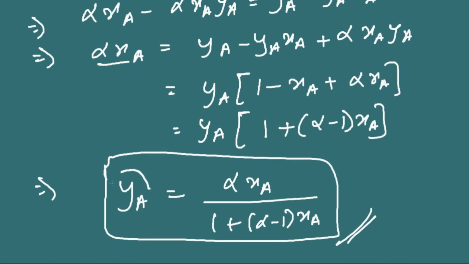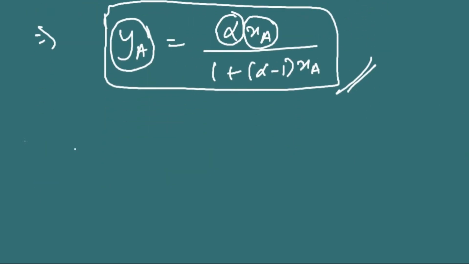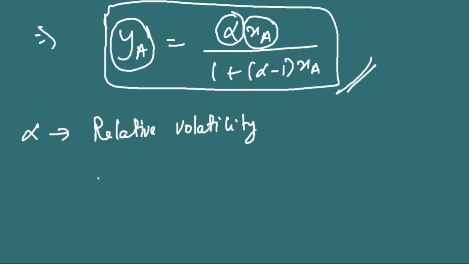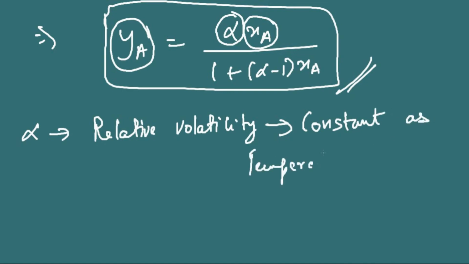I have the mole fraction in the vapor phase related to the mole fraction in the liquid phase with this constant, which is alpha. Alpha is the relative volatility. Remember that it is constant as long as the temperature is constant. If temperature is constant, then this relative volatility will be constant.